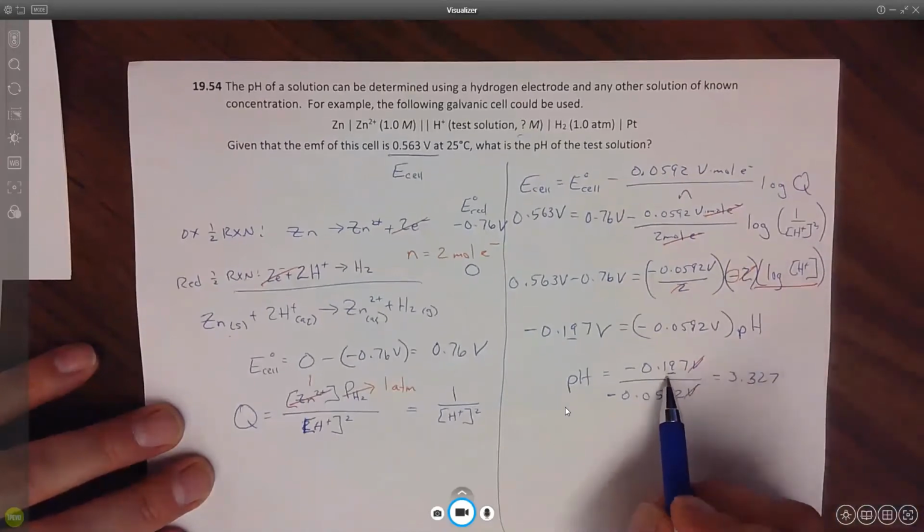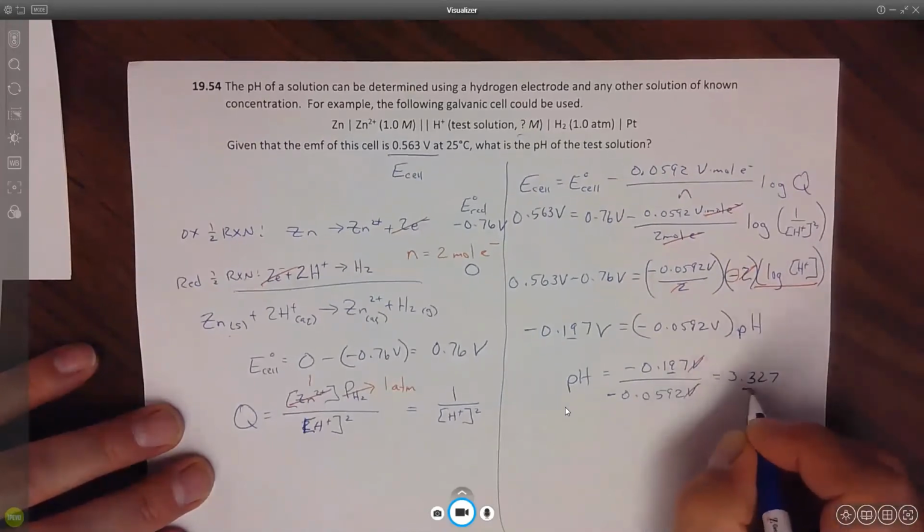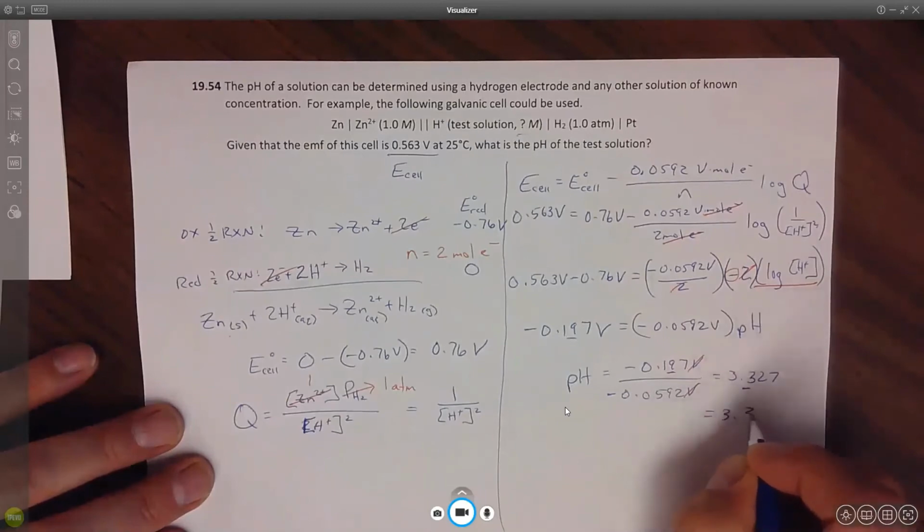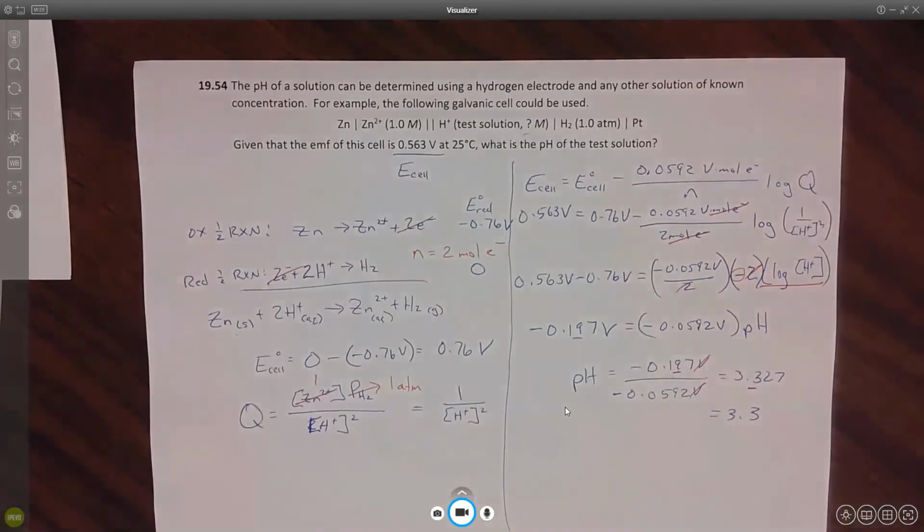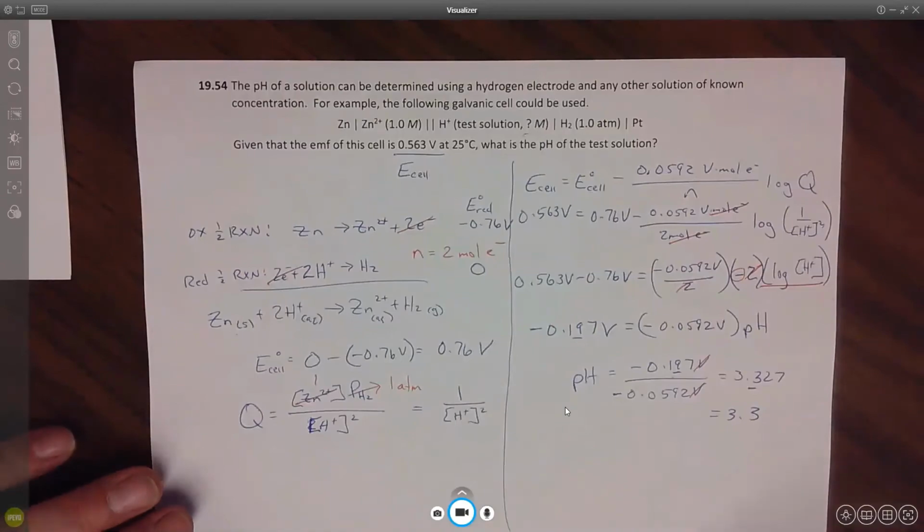And if this is 2 sig figs, this will be 2 sig figs. So this is equal to 3.3. Any questions about any of that good stuff? Okay.